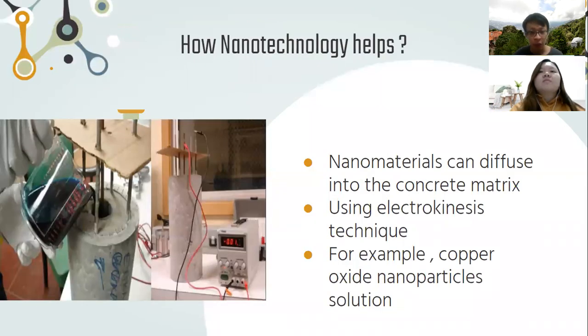By using other materials like copper oxide nanoparticle solutions, we can carry out an electrokinetic technique to solve this problem. Since the nanomaterials are very tiny, they can diffuse into the pores and then into the concrete matrix, and then form a protective layer. This method is better than the current approach like spray lining.